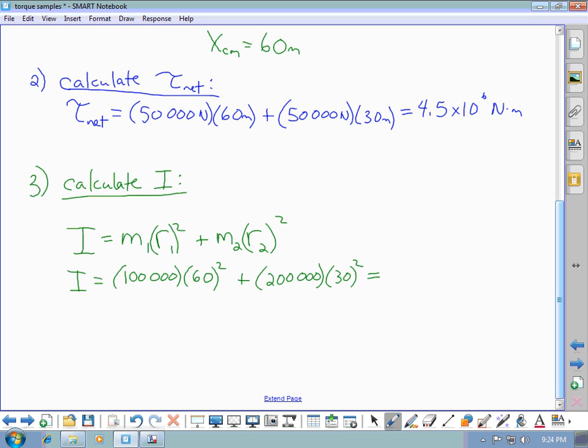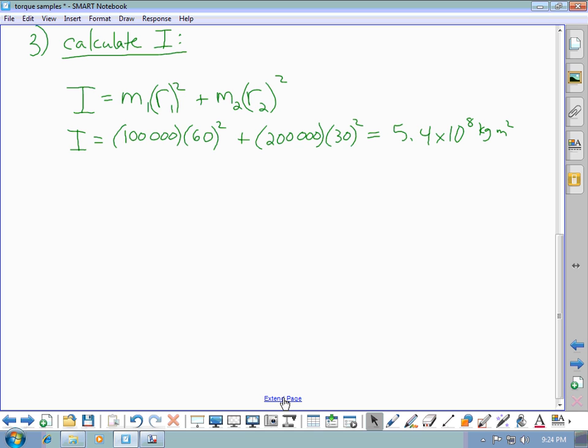So this total rotational inertia is 5.4 times 10 to the 8th kilogram meters squared. And now that we have that rotational inertia, we can calculate the angular acceleration.